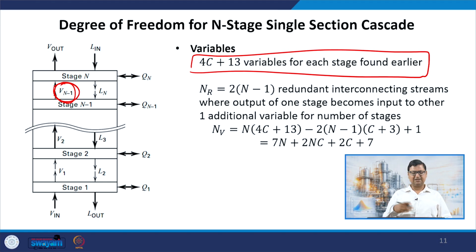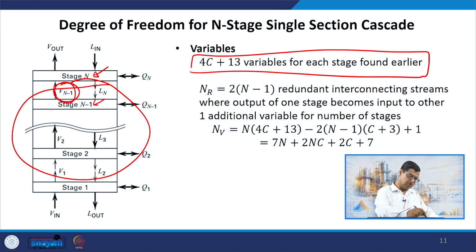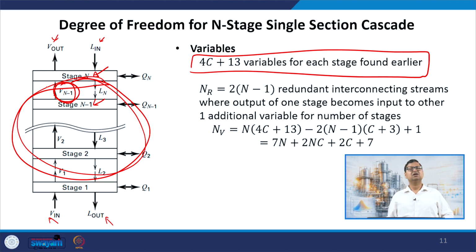So we should either consider it for stage n minus 1, or we consider it for stage n. That is true for all the intermediate variables here. It is not true for the 4 output variables, right. So for all the intermediate variables, it is basically coming from somewhere and going somewhere.